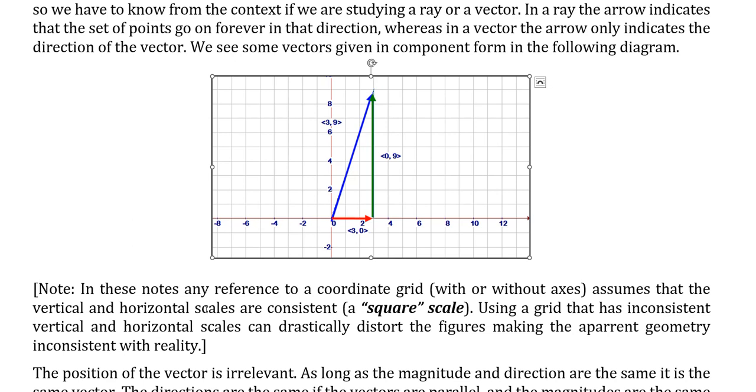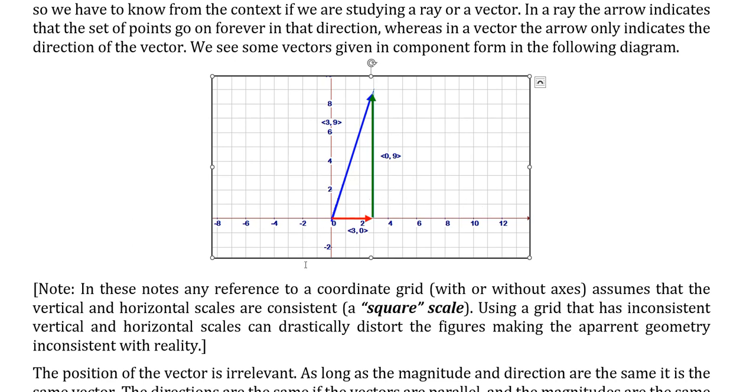Anytime we look at a graph in this particular unit, we want to make sure we're using a square scale, whether it's with or without axes. We want the coordinates spaced out so that a distance of 1 horizontally is the same physically as a distance 1 vertically, that it only represents that.